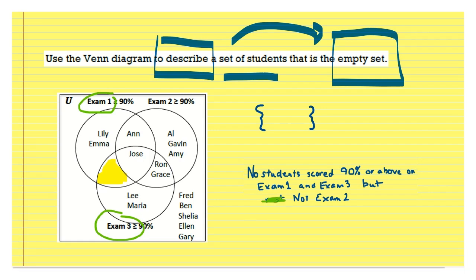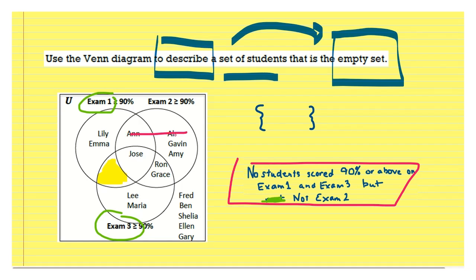Very interesting. So no students scored 90% or above on exam 1 and exam 3, not exam 2. So this one's a little bit more difficult to understand because if we were looking at this description first, we should be able to say not exam 2.